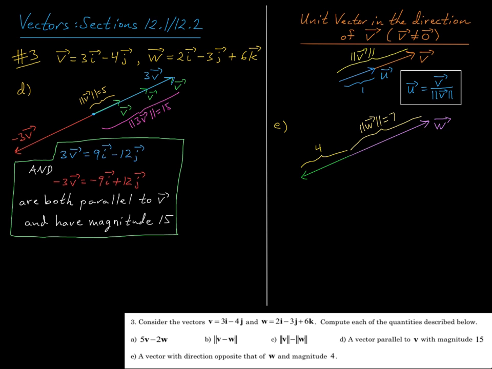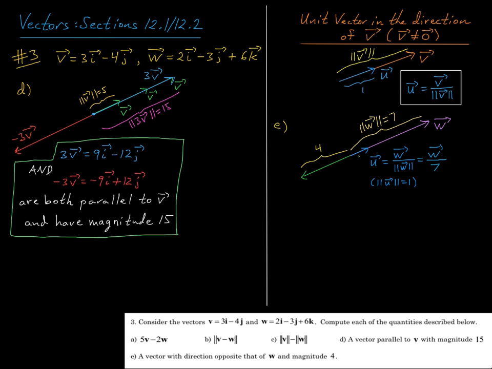Well, one way to do this is to consider the unit vector in the direction of w. So just take w, divide it by its magnitude. So I'm going to divide w by 7. And since w has magnitude 7, if I find the magnitude of the vector u, I'm going to get 7 over 7, which is 1. It's exactly what I want.